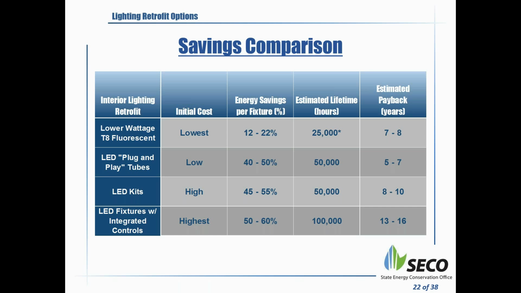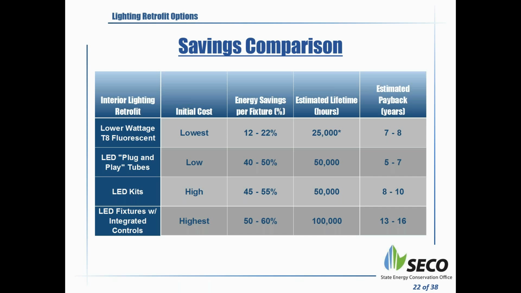Now, there's an asterisk with it, because as the LED market started flooding in and gaining traction, a lot of fluorescent manufacturers actually raised their warranty period, so they also have close to 50,000. If you talk to them, they don't publish it, but you can get almost 50,000 hours of operation from them. So that's something to keep in mind.